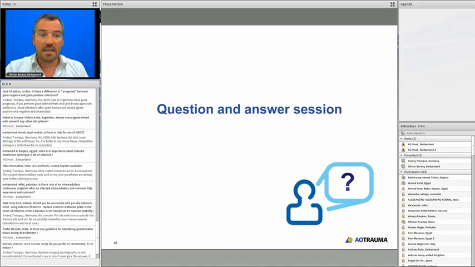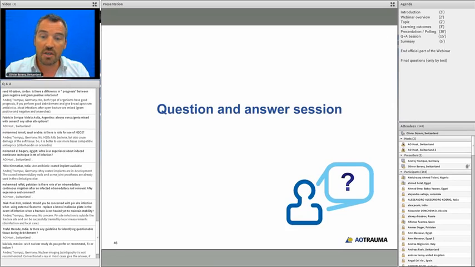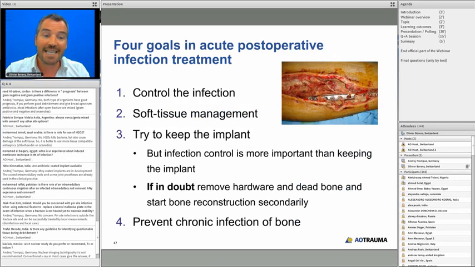So I think we have to go on, unfortunately, to the next couple of slides. If we have an acute postoperative infection, we have 4 goals. We want to control the infection. We want to have a good soft tissue management.